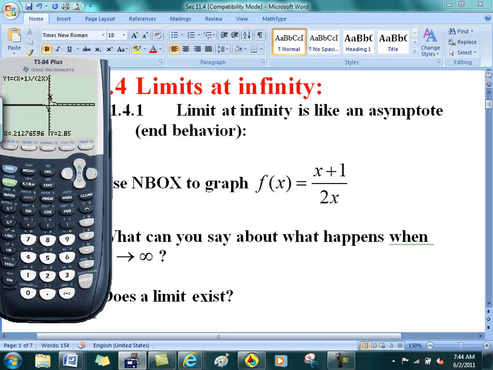Okay? Look at what's happening to y. Do you see it going towards 0? It's going to 1/2. Should this be a surprise to you? Why not? There's a 2 in the denominator, so what?